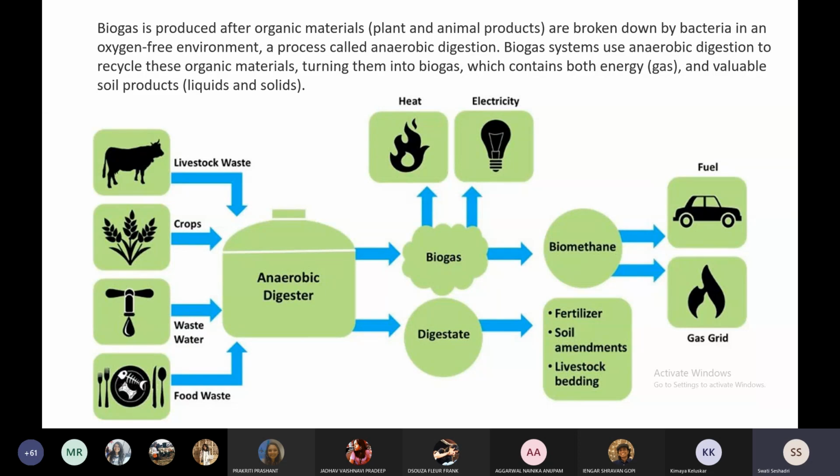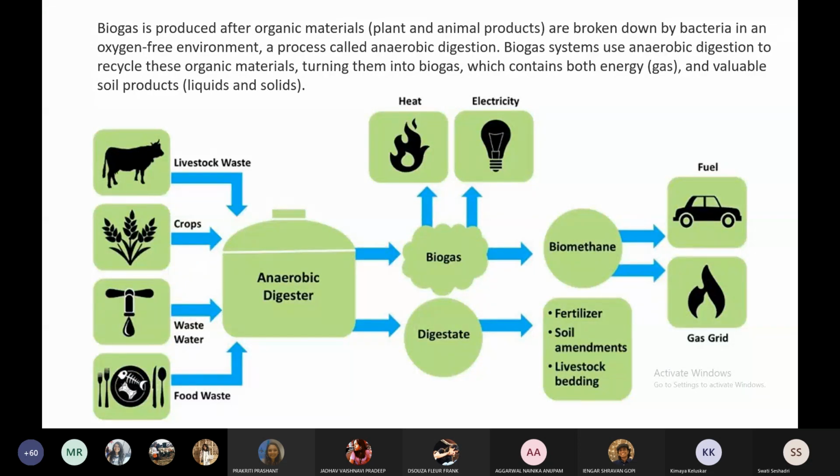So, regarding the biogas plant or a biodigester or an anaerobic digester, you need to understand what all can go as waste in the biodigester, and from the biodigester, what can come in terms of the output, whether it's fire or electricity, and then the methane is used as a fuel.